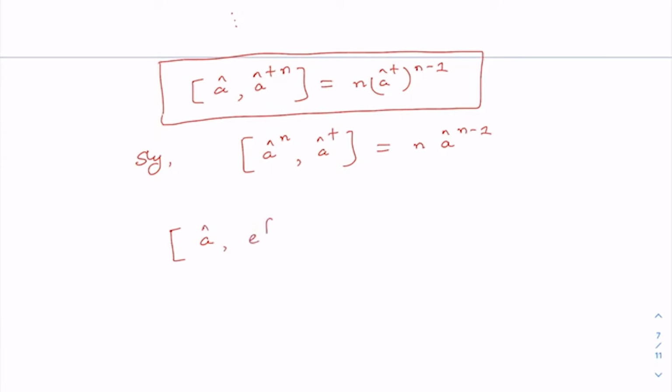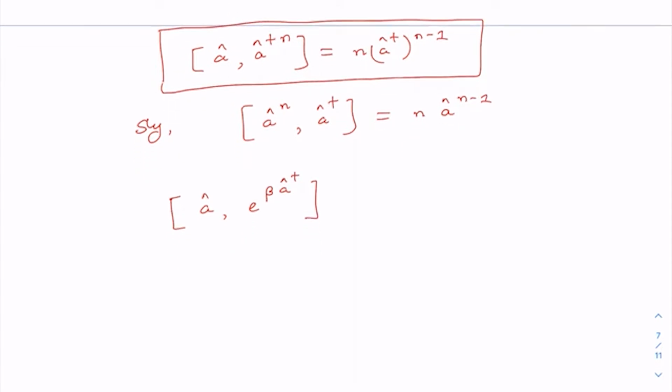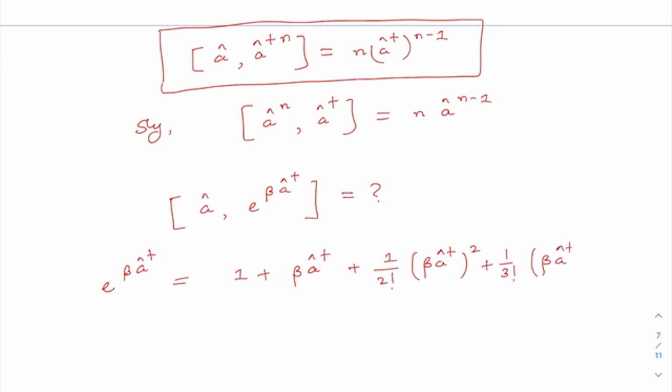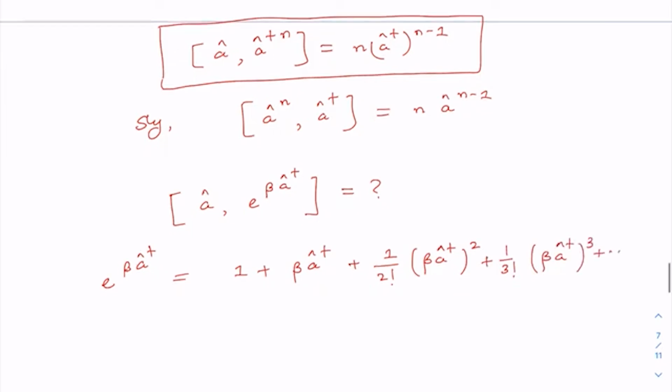We know this commutation relation is given, and we are asked to prove [a, e^(βa†)]. So we have to prove e to the power βa†, which we can write as 1 plus βa† plus half (βa†) whole square plus 1 by 3 factorial (βa†) cube, and so on.